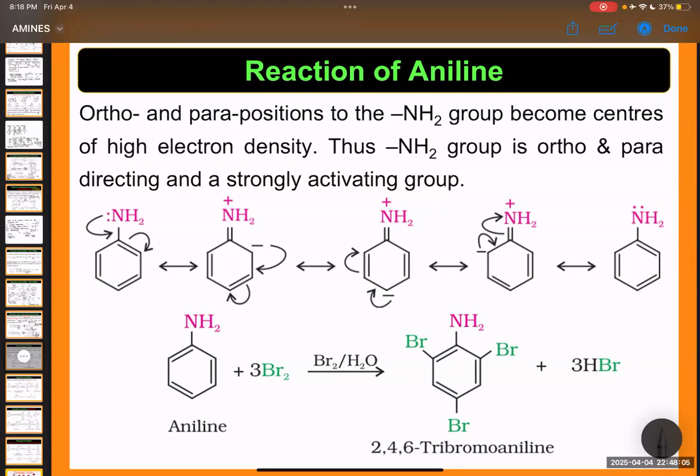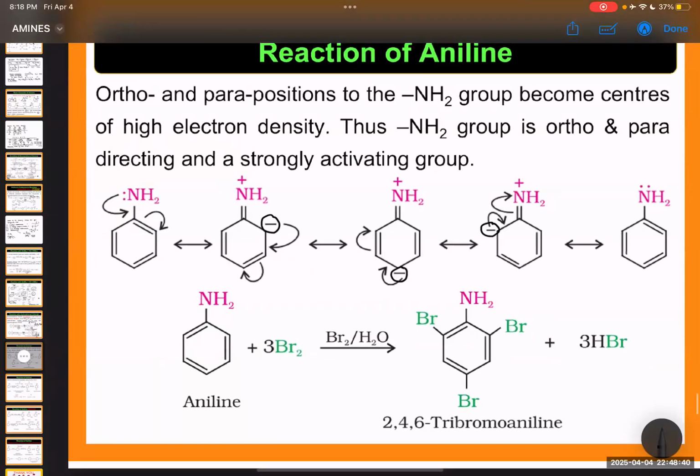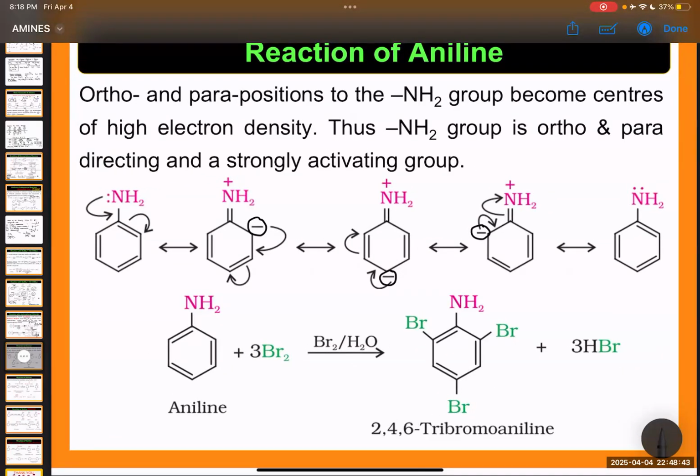Next, move on to the reactions of aniline. The basis for the reaction of aniline is its resonance structure. Got it? Aniline, you know, previously while discussing the acid base strength, I told you aniline undergoes resonance and the lone pair of N moves to the ortho and para positions.